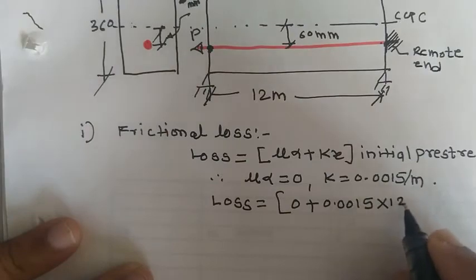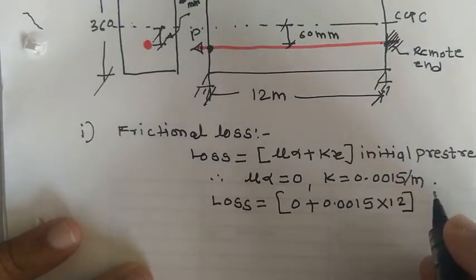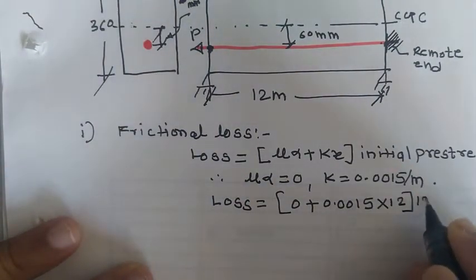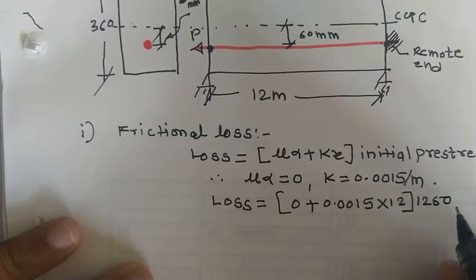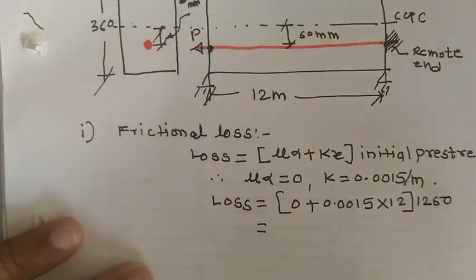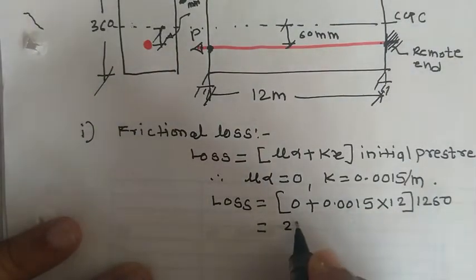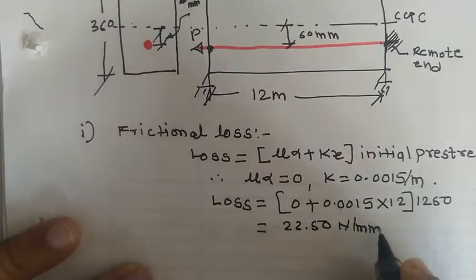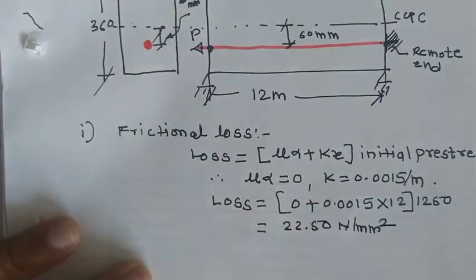So directly put here 12 meter. The initial pre-stress is mentioned in the question, it is 1250. So what is the frictional loss? It is 0.0015 multiplied by 12 multiplied by 1250. So this loss is 22.50 Newton per mm square.